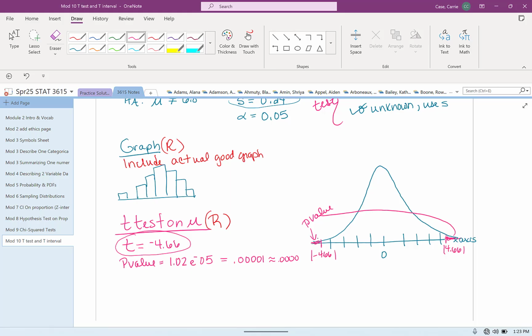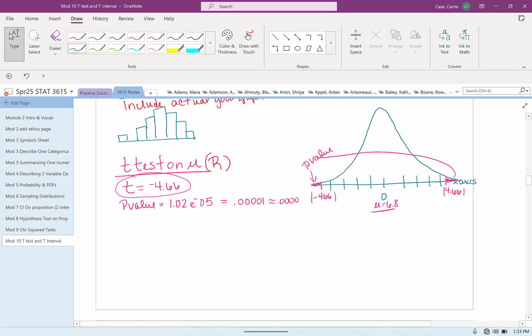And so what that means is that if our mean, mu, is 6.8, or 0 standard errors away from itself, our sample is so unlikely that it effectively has 0% chance of occurring if the mean mu is 6.8. And so that's when we go to our decision.